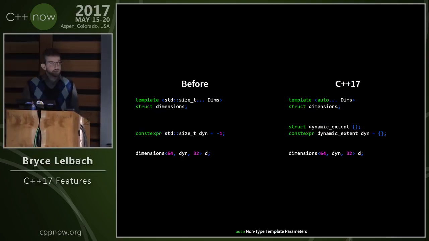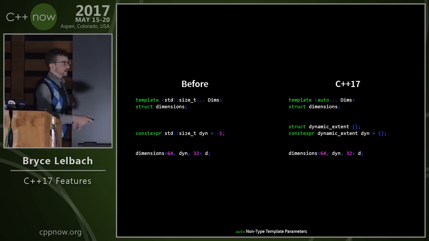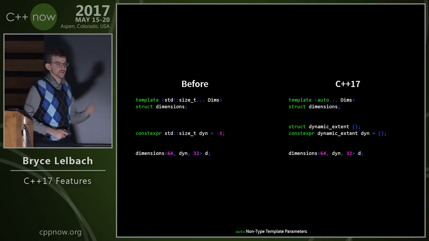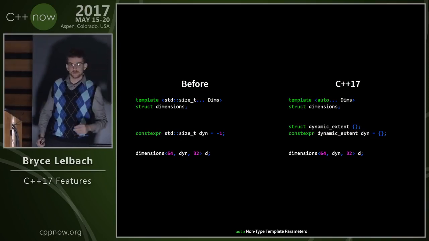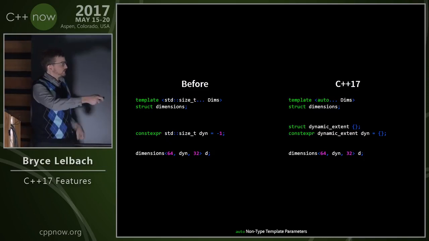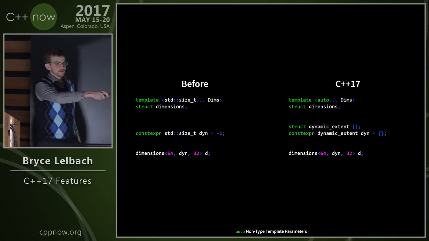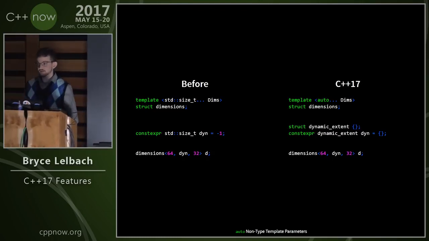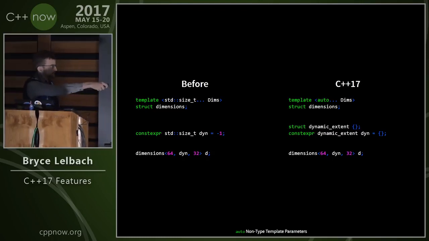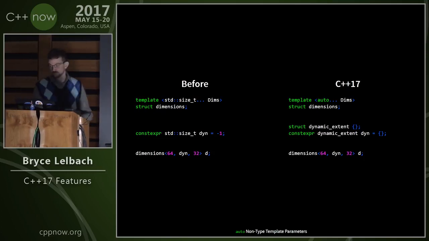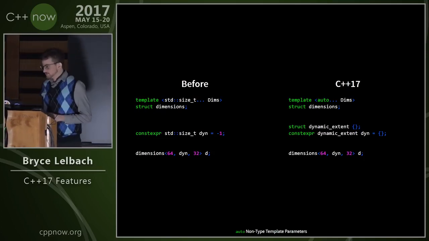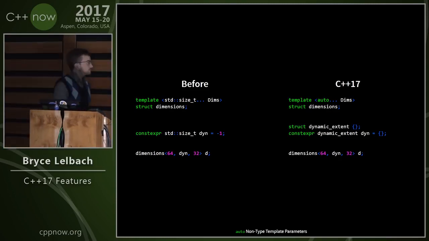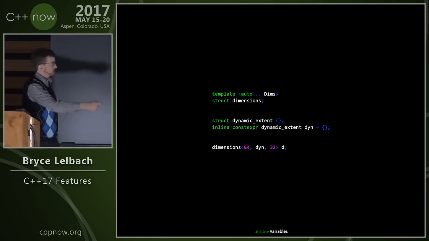So previously, to make this work, we had to do hacks like just pick a magic value, like -1, and use that as the indicator that this particular dimension, we're not going to know it until runtime. But now in C++17, I can just write a tag type here and get the same effect, but without having to steal a value from whatever the homogeneous type of my parameter pack is. So speaking of metaprogramming, and this particular example, I want to talk about another C++17 feature, inline variables.